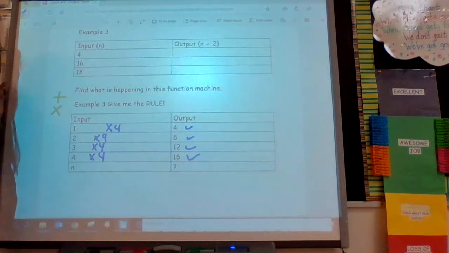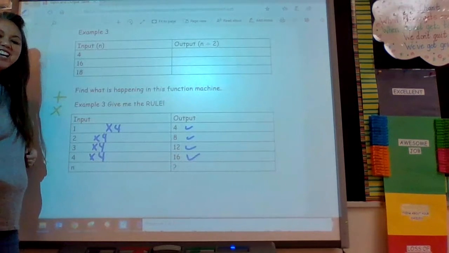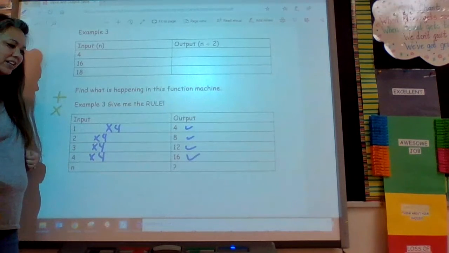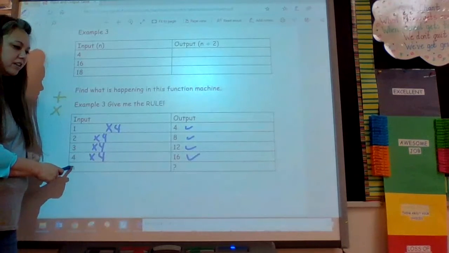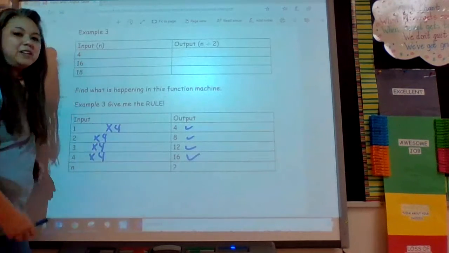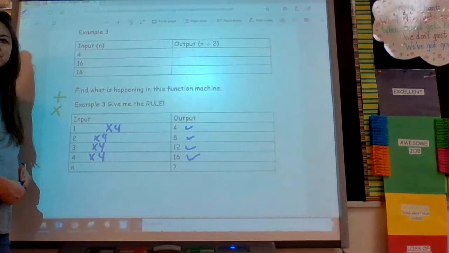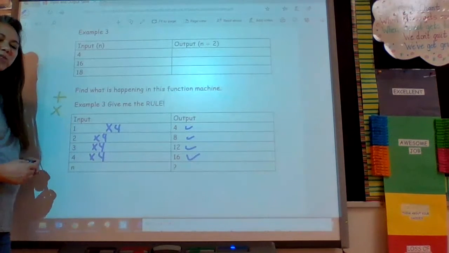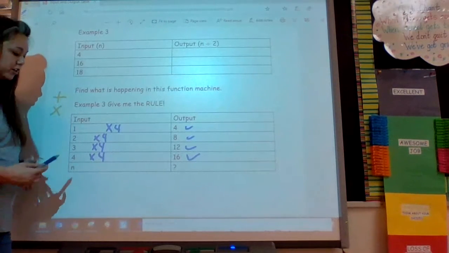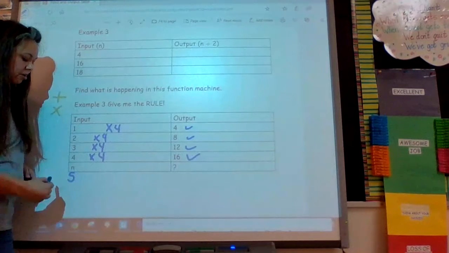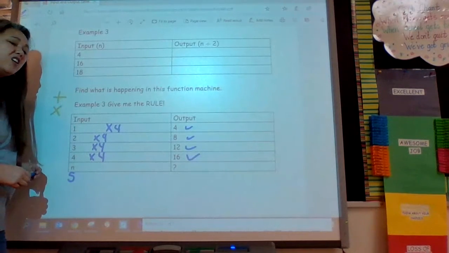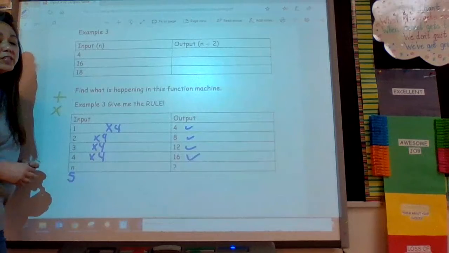Here's the interesting one. Pause this video and see if you can find out. If I put n in, what's the rule going to be? Okay, what I noticed most of you wanted to do was put 5 here. But remember, n is not only 5, and when we have a rule, it's an unknown.